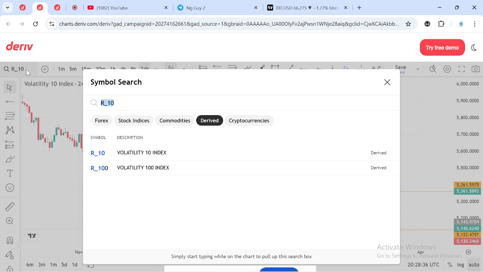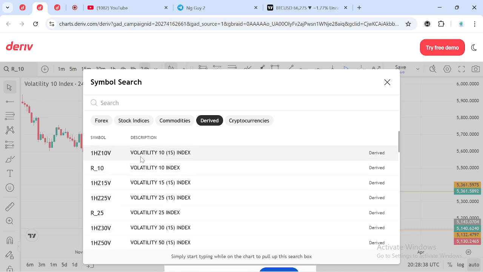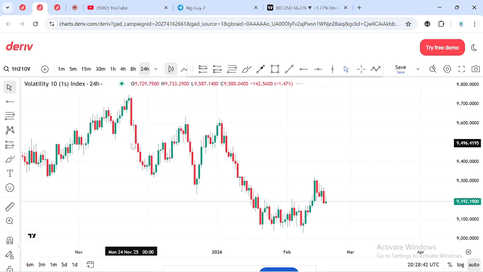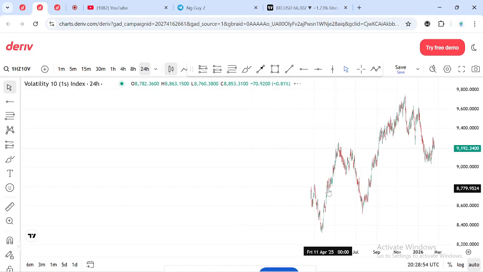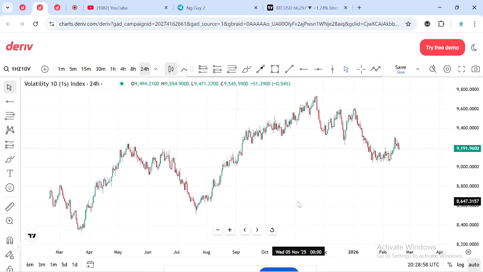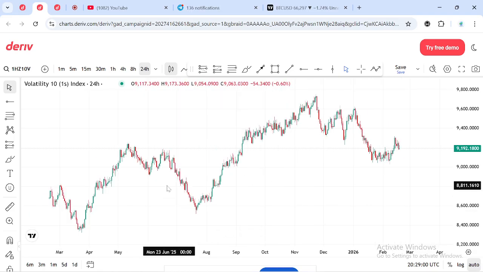Let's look at volatility 10 1s. Volatility 10 1s is doing normal, it's doing what it has to do. Let's hope it still continues with that. So I already explained volatility 10 1s previously, but I will do a recap on this.